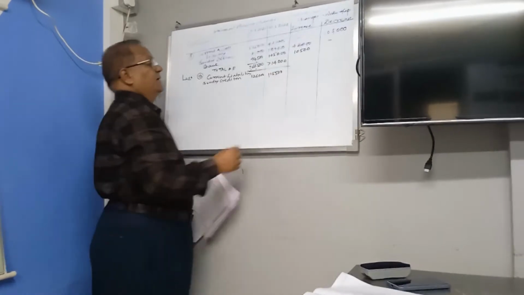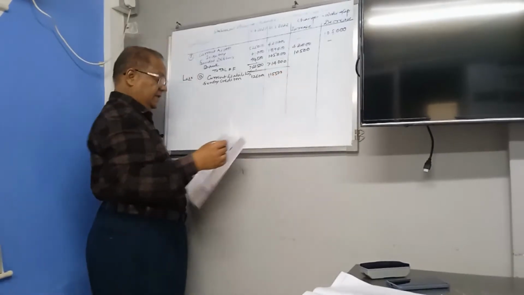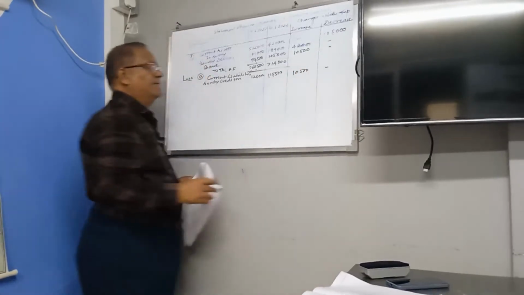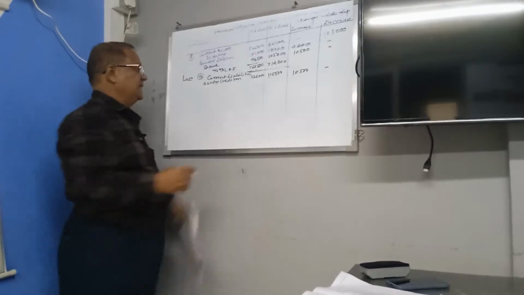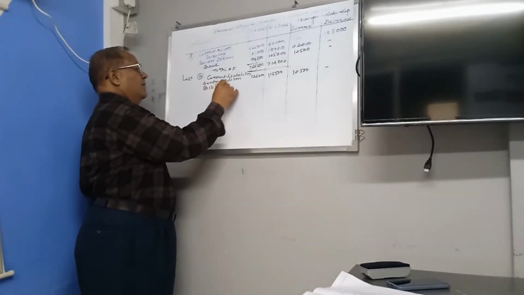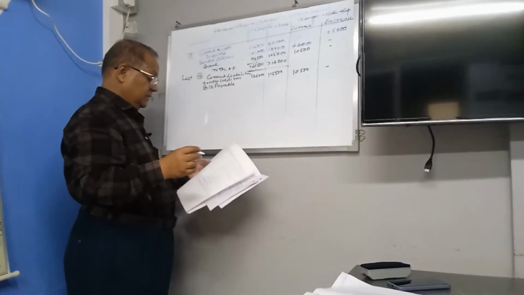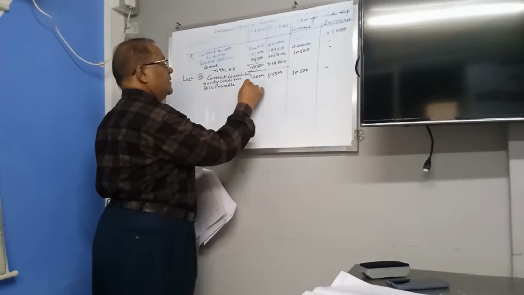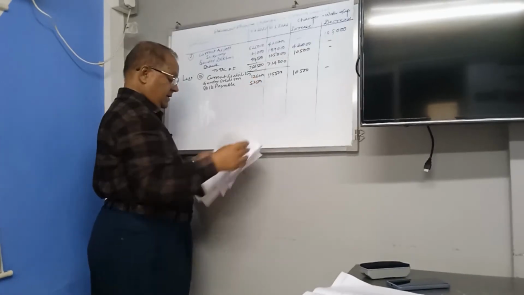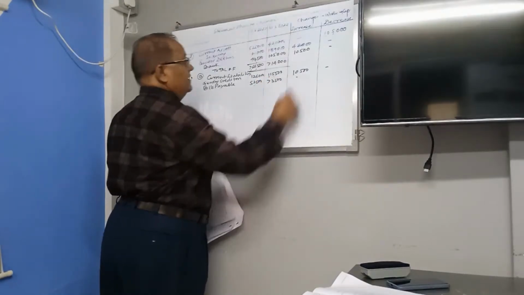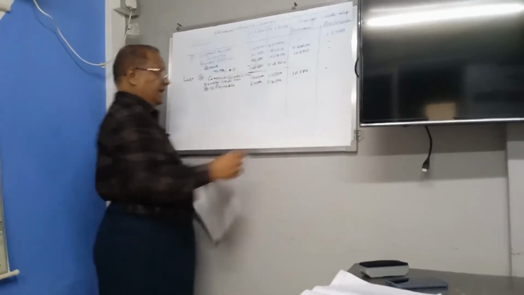Actually there is a decrease, but write that amount in the increase column, 10,500. The next is bills payable: 52,500 and 73,500. It is an increase, but write the amount in the decrease column, 21,000.